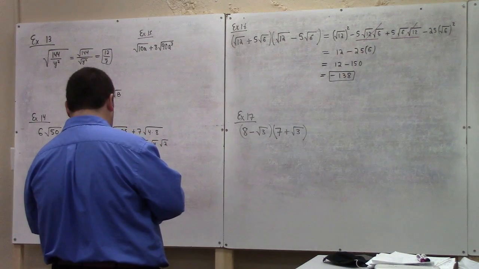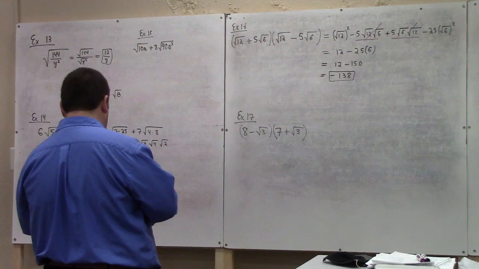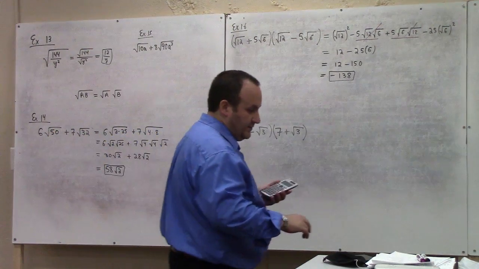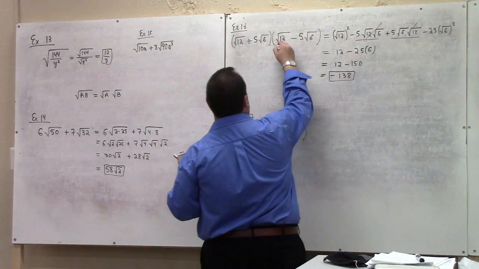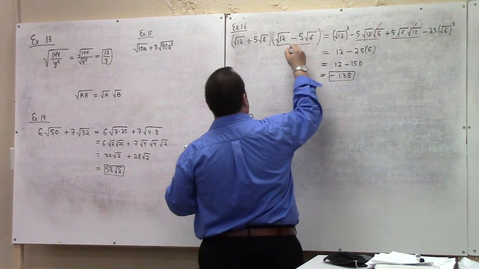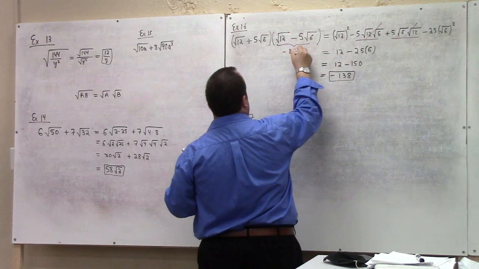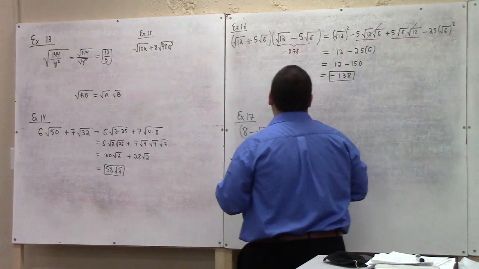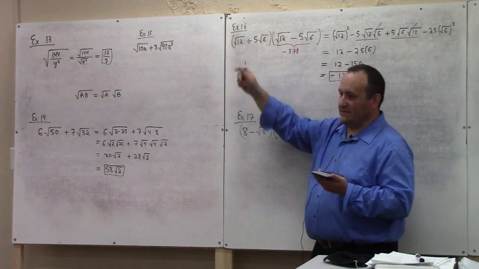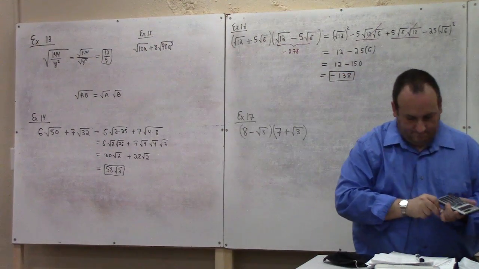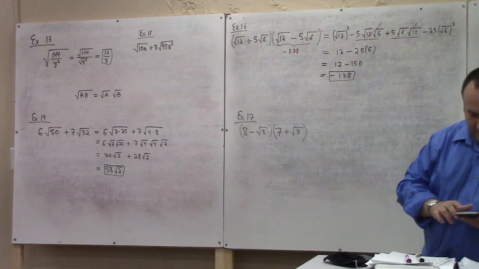And if you plug it in your calculator, you'll find out that this guy is about minus 8.78 approximately. So it makes sense that we've got a negative number, because this, of course, is clearly positive, right? Just saying.